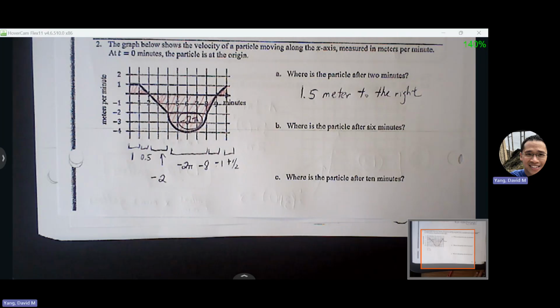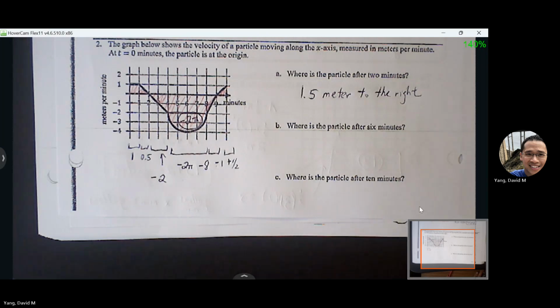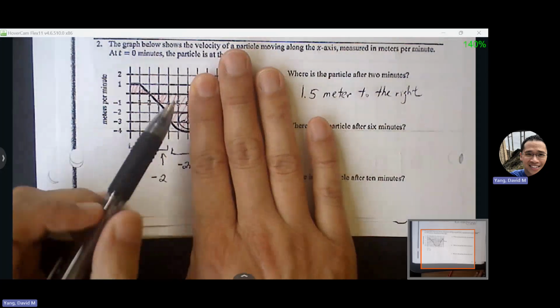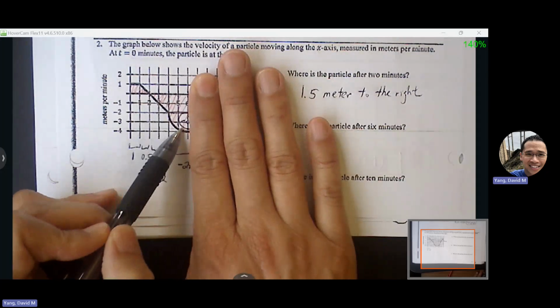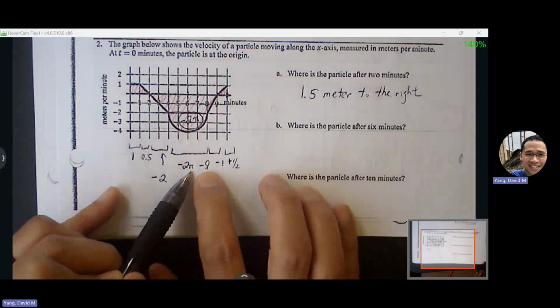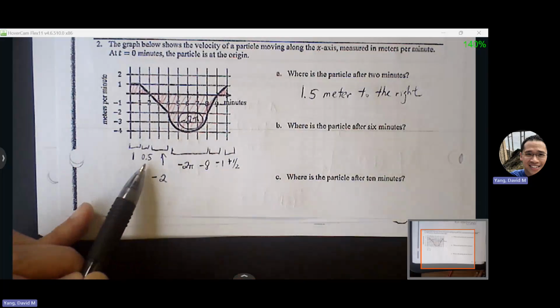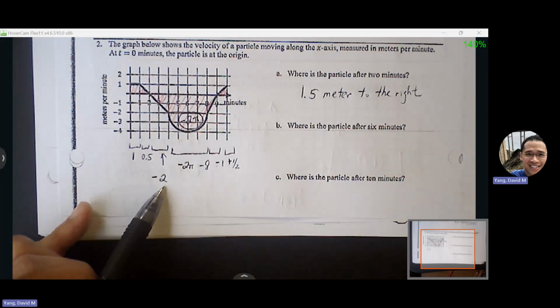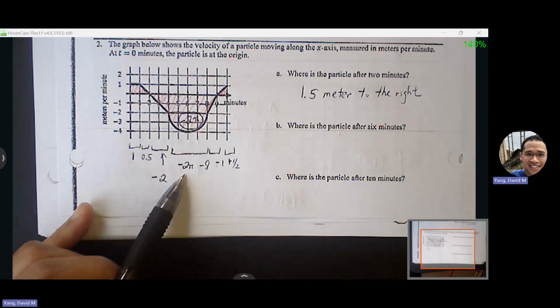So after 6 minutes, it's just going to be half of the rectangle and half of the semicircle. So I can just divide that by 2. So 1 plus 0.5 minus 2 minus 4 minus pi.